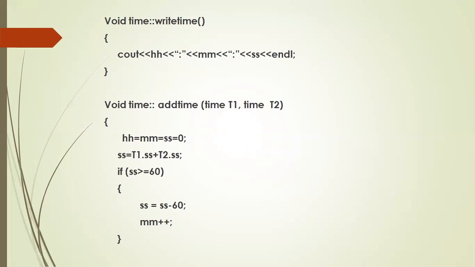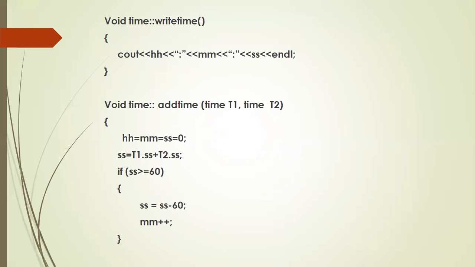Here also return type is void. Here the class to which the function belongs is time, and add time takes time t1 comma t2. Here also the member data are hh, mm, ss. Since the objects visible to you are T1 and T2, with respect to T1 and T2 you access them like T1.hh, T1.mm, T1.ss. Similarly for T2, T2.hh, T2.mm, T2.ss.